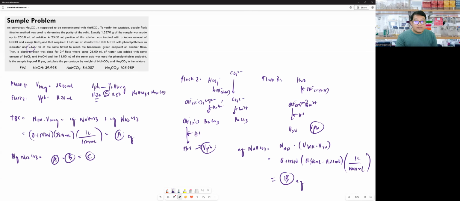Okay? So, to calculate the percent by weight, weight per weight, of sodium carbonate, it's just equal to C times the equivalent weight of sodium carbonate, so 105. So this is the formula weight divided by the number of equivalents. So 105 gram per 2 equivalent. Okay? Then, do we have a DF here? So 25 ml is from 250.